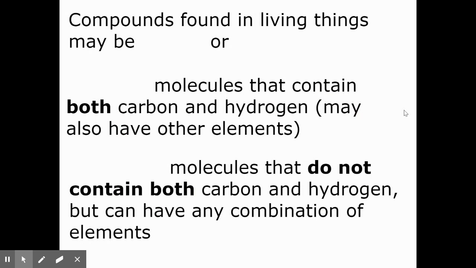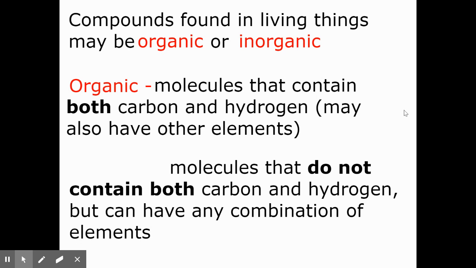All right, compounds found in living things may be either organic or inorganic. In order for a compound to be organic, it has to have both carbon and hydrogen. Because living things have carbon and hydrogen along with oxygen and nitrogen, living things are organic.